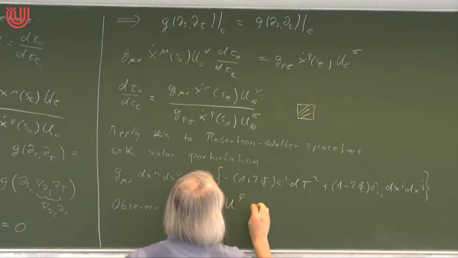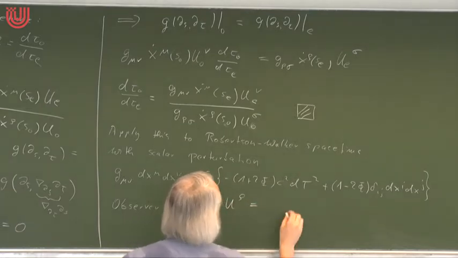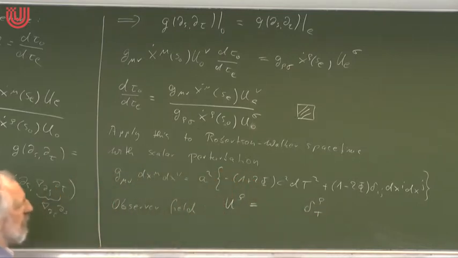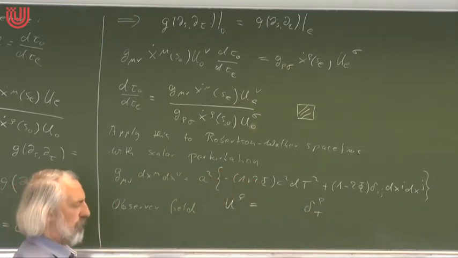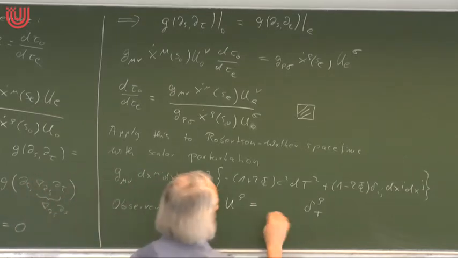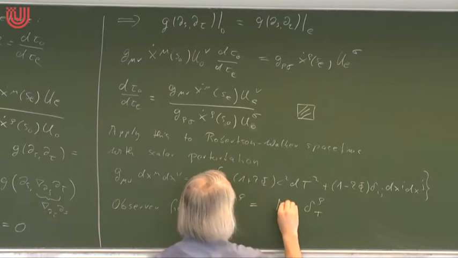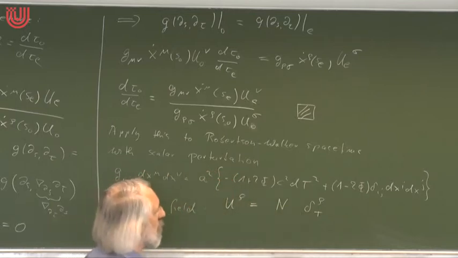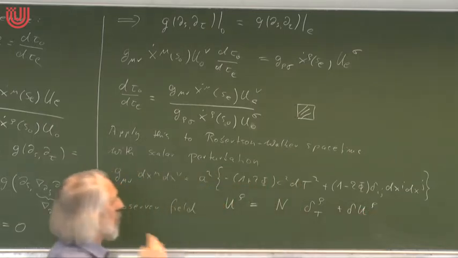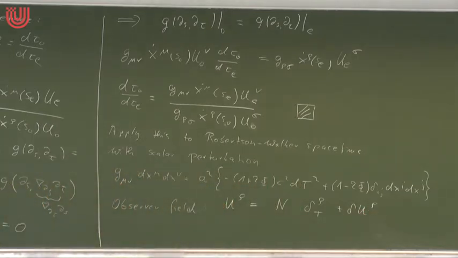I just assume that it is a perturbed standard observer field. The standard observer field on the background would be proportional to the Kronecker delta of rho and t, right? It would be perpendicular to the t lines in the unperturbed spacetime. And of course, because it should be normalized, I have a factor n here. And now I introduce a perturbation, delta u^rho. So that's the form of our vector field.